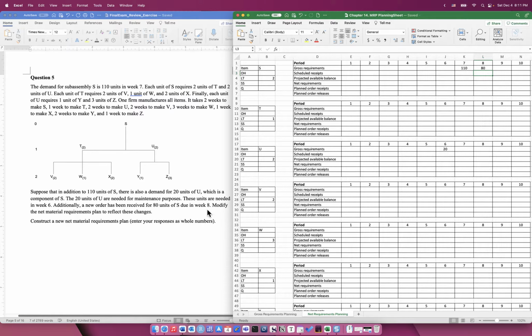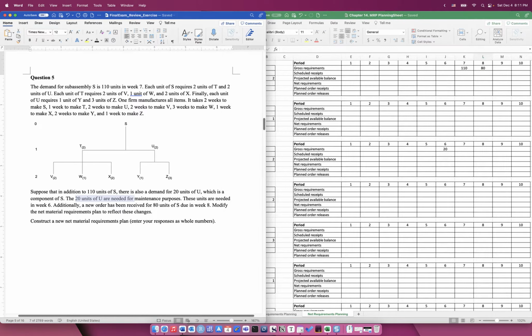That's basically what we need at this point. Does it mention any existing inventory?